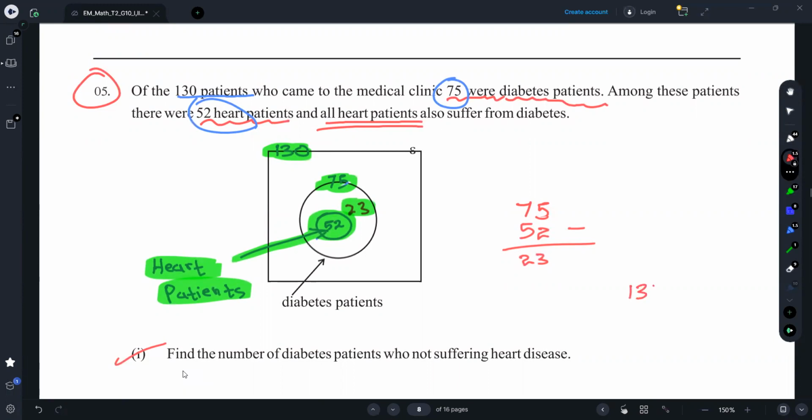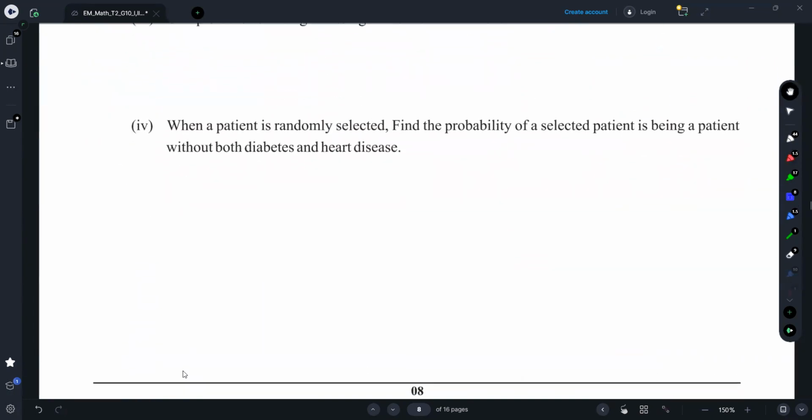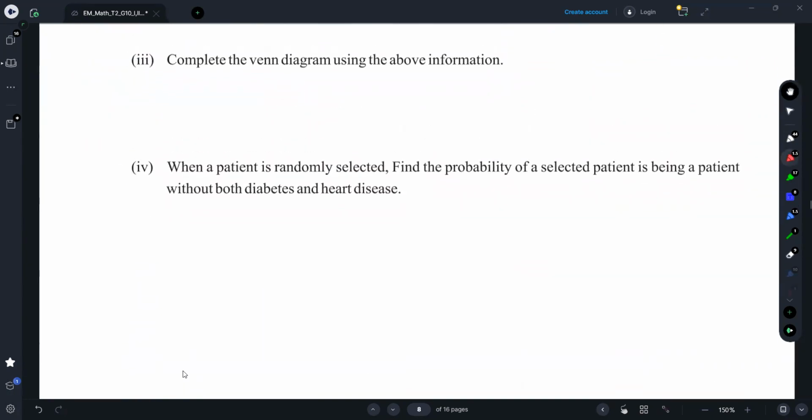We can subtract 75 from 130. The answer is 55. So 55 patients do not suffer from heart diseases and diabetes.